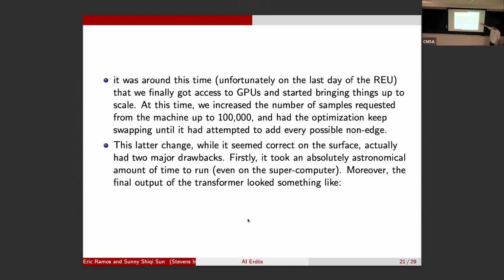So on the swap until you drop change: this latter change, while it seemed correct on the surface, actually had two major drawbacks. Firstly, it took an astronomical amount of time to run. If I'm looking at every possible non-edge, and every time I add one, I look at the entire cycle that's created, and I'm computing independence polynomials like crazy, it took way too much time.